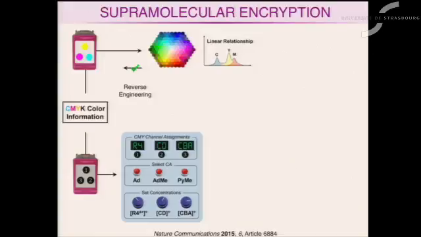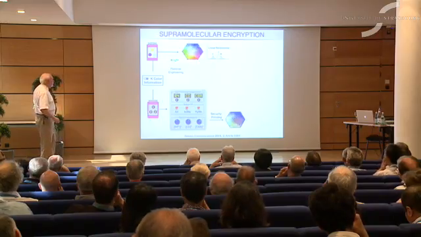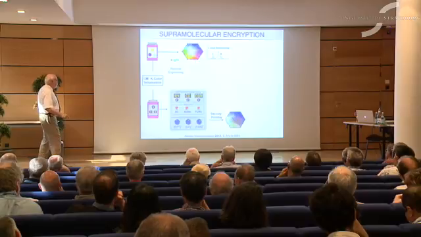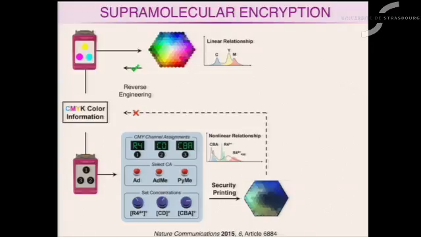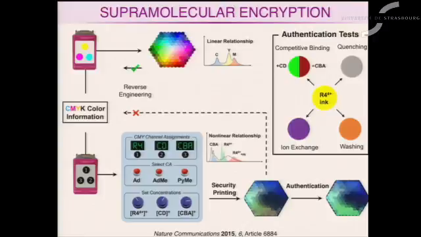On the other hand, we feel that what we have come up with here is a much more complicated yet simple system that allows security printing to take place, and it's a non-linear relationship, and so it gives us the opportunity to hopefully beat the counterfeiters. And on top of all of that, we have authentication tests to add on to it.